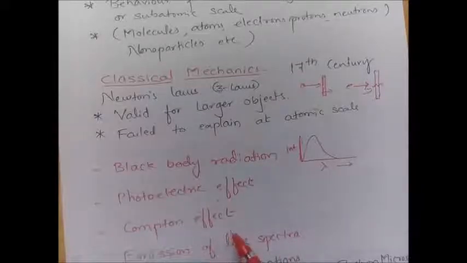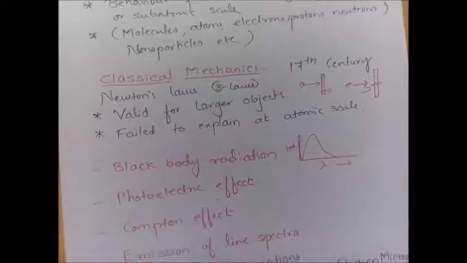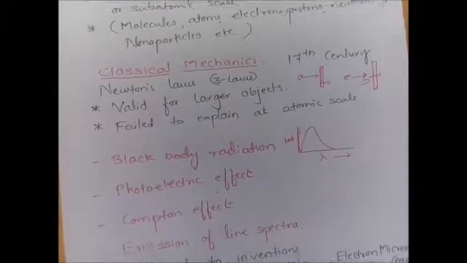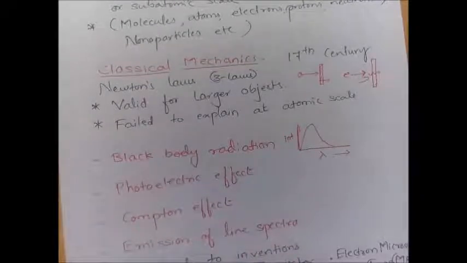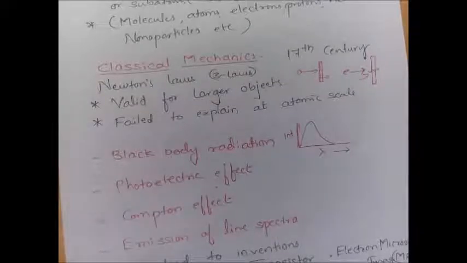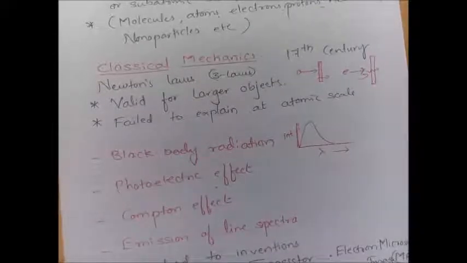Nor the Compton effect, in which an X-ray photon hits an electron and the incident photon is scattered like a collision. Nor the emission of line spectra. We have band spectra, and in the same way line spectra, wherein a transition takes place in the material and gives rise to the line spectra. Classical mechanics failed to explain all these concepts.